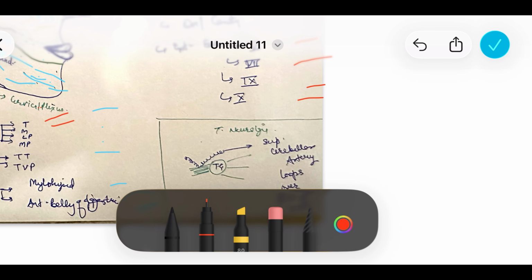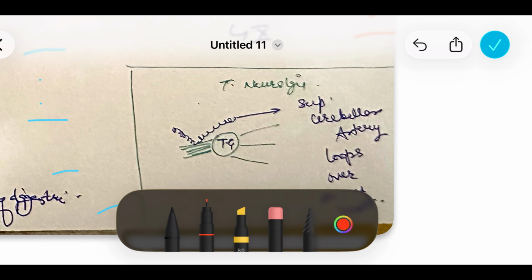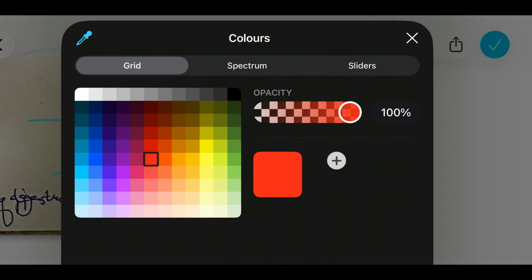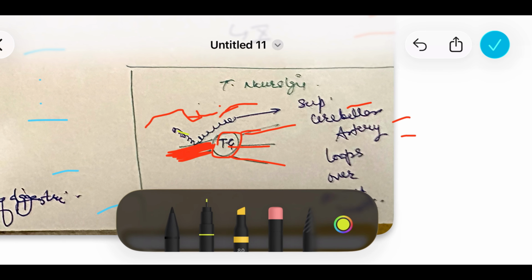Now what is trigeminal neuralgia? Suppose this is the trigeminal ganglion, and these are the three divisions of the trigeminal nerve, and this is the sensory root. There is one artery called the superior cerebellar artery which normally runs over here, but in some patients it loops over the sensory root of the trigeminal nerve. I'll use some other color. This is the artery, actually it should be red, but I'm making it yellow to make you understand.